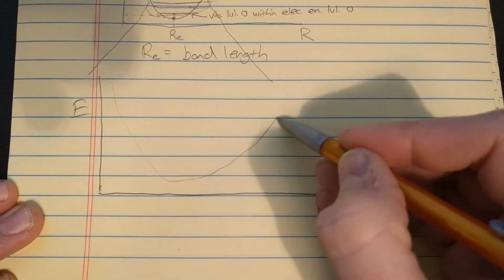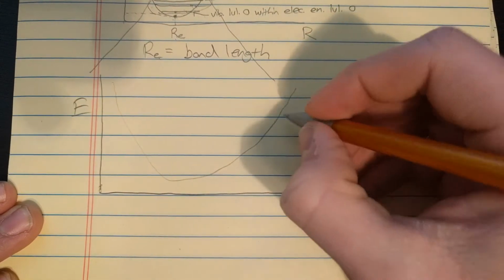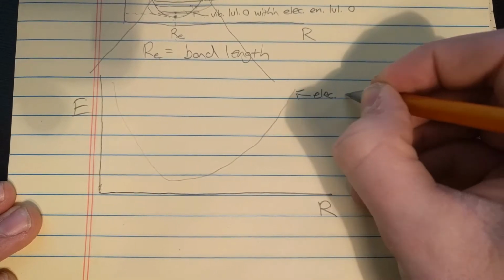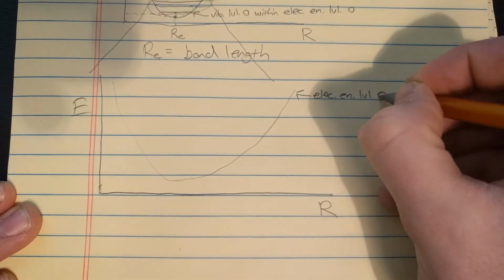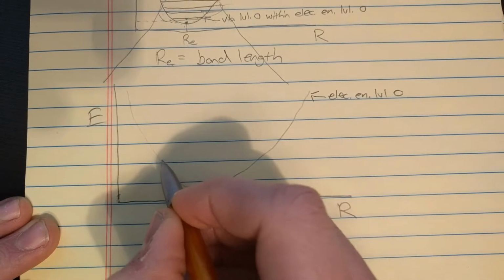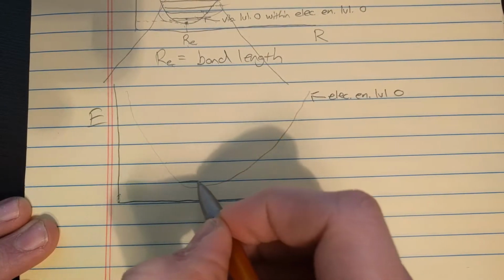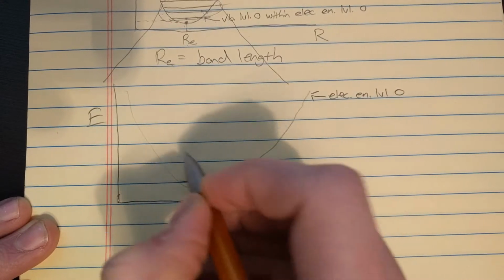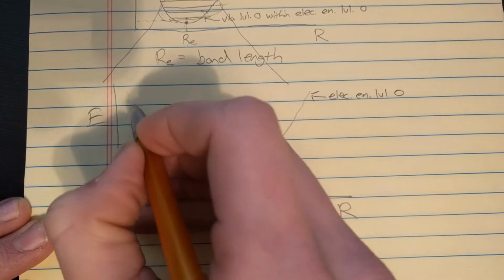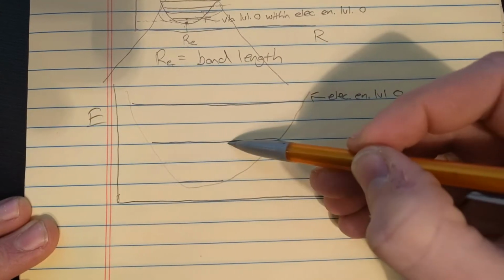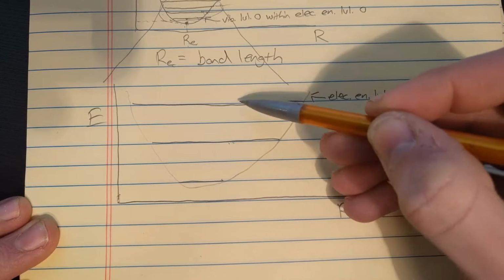This right here, I zoomed in. This is the electronic energy level 0. And then we have our vibrational levels. Let's put the lowest one down there, next lowest one there, next lowest one there. You can see the energy spacing between them is the same.